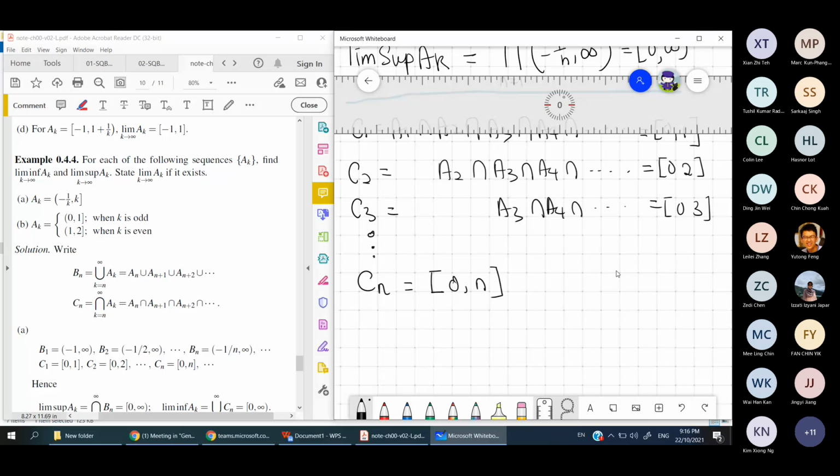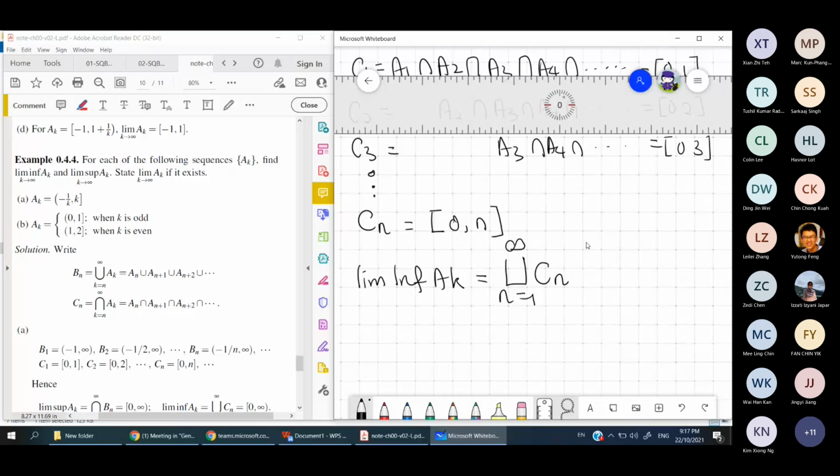Okay, once we are able to get the expression for our C, then we can directly use it to compute our limit infimum. So in this case, the limit infimum for AK will be the union of all the Cn, n running from 1. If you are not comfortable with this symbol, you're just combining all the C: C1, C2, C3, and so on.